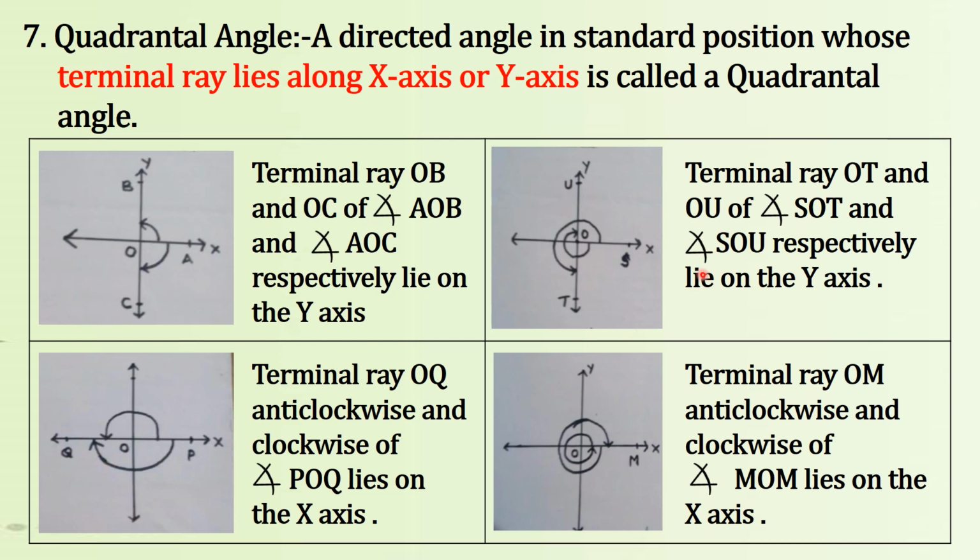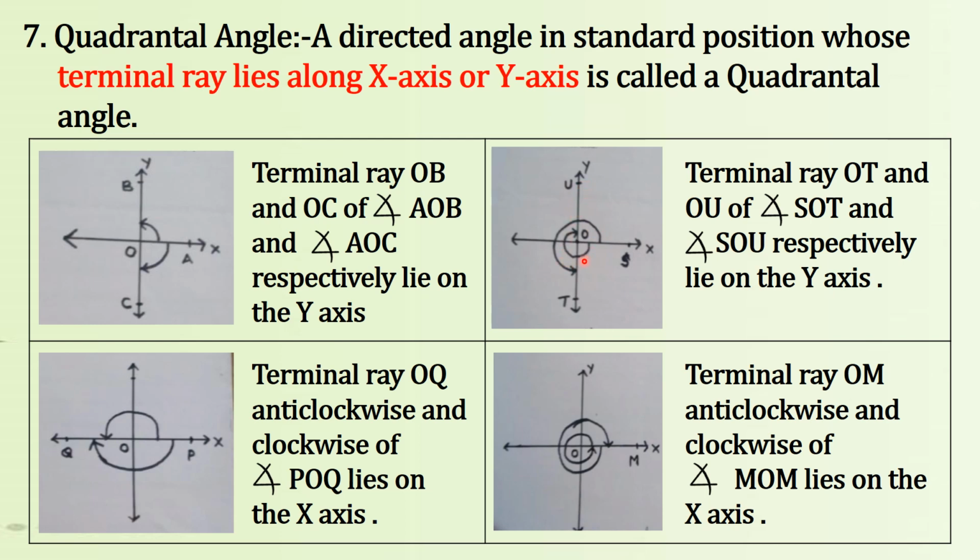Third one is again the negative direction of y-axis, that is OT is the terminal ray of this SOT. SOT is a positive directed angle, and SOU is the negative directed angle, in the negative direction.